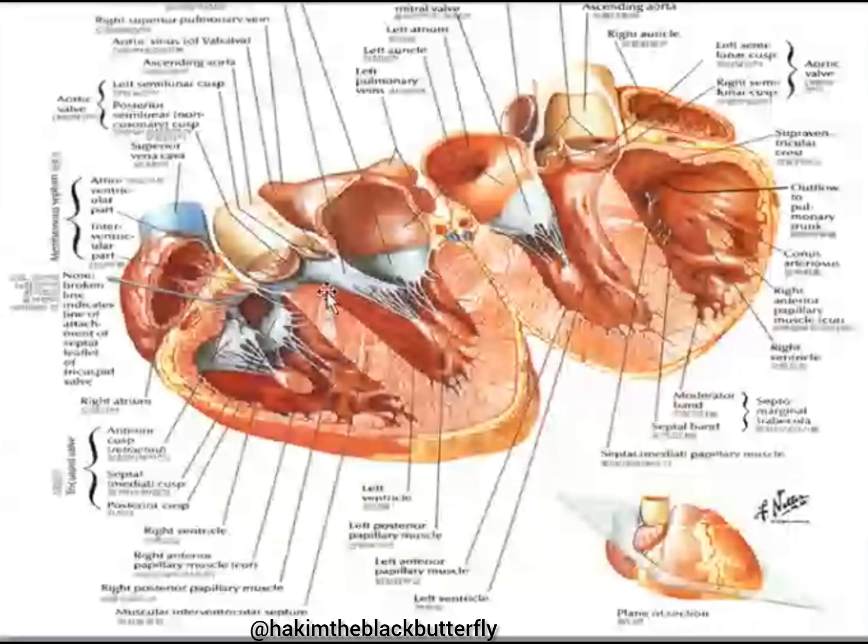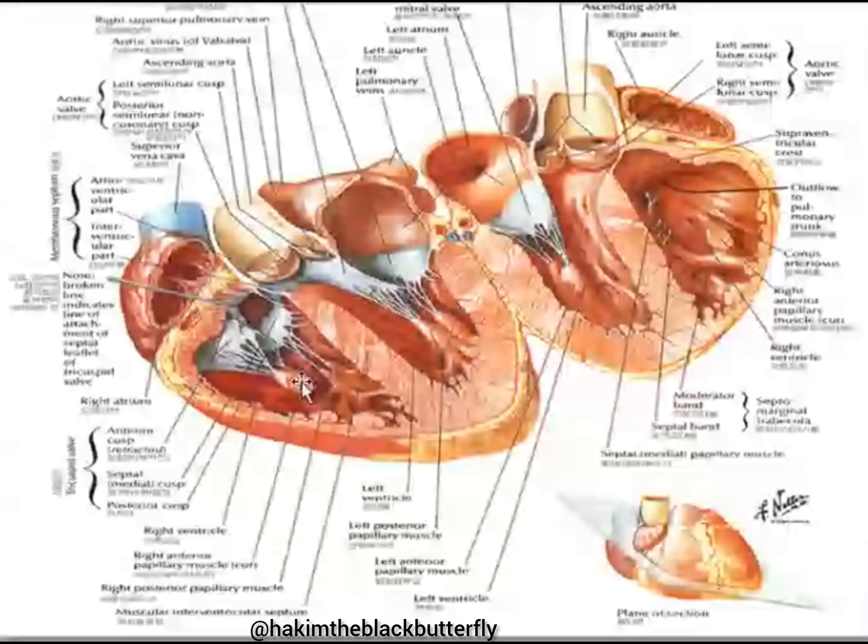So the valves are attached to fibrous cords known as chordae tendineae, and the chordae tendineae are also on the other side attached to the apices of the pyramidal muscles known as papillary muscles, which are coming from the walls of the ventricles. In principle, 2 are in the left ventricle because of the 2 cusps, and 3 in the right, principally because of the 3 cusps on the right.